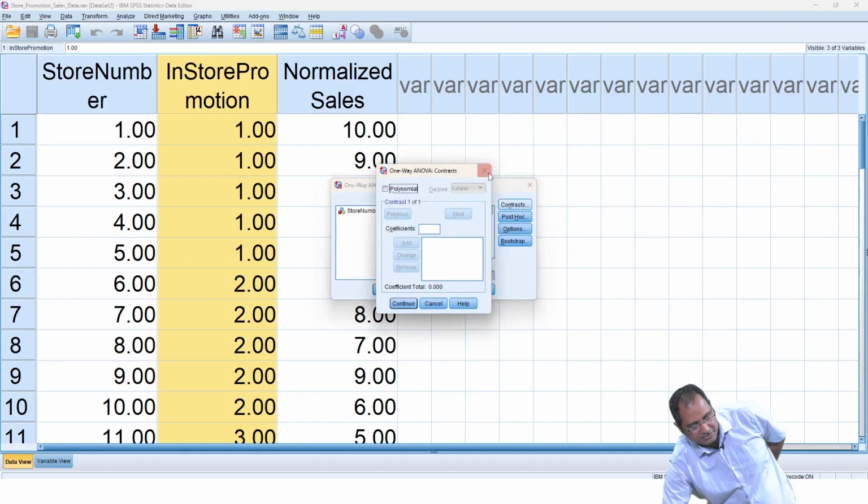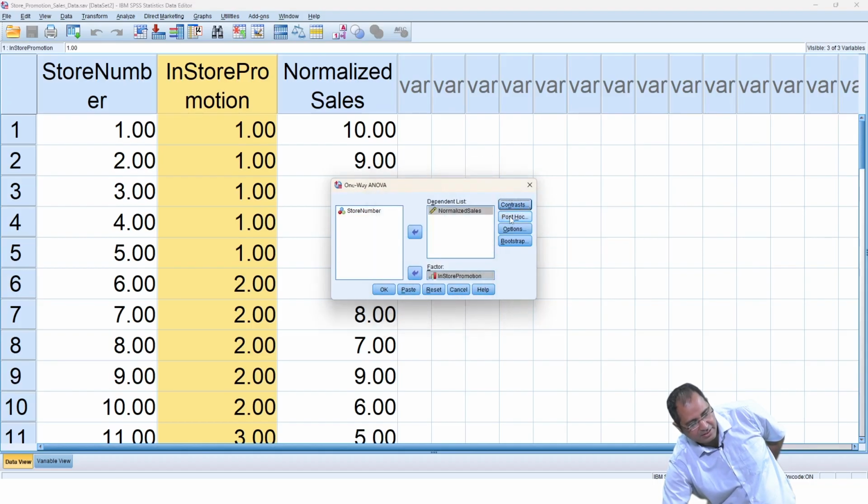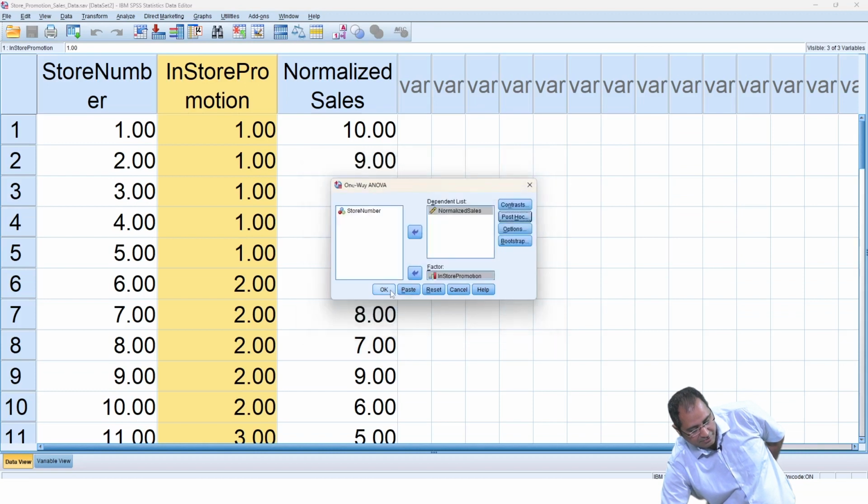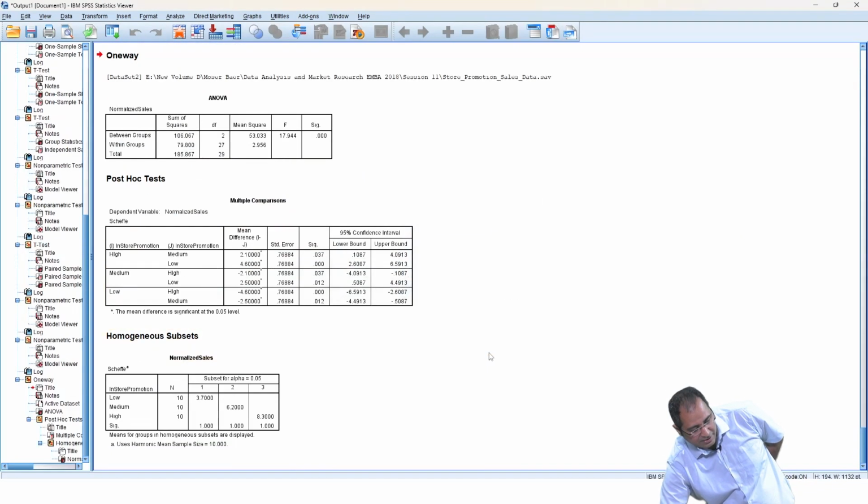Click on contrast, don't do anything. Click on post hoc and select the Scheffe test. I'll tell you later what it is. You can select either Tukey or Scheffe. Continue, and if you click OK, then you will get something like this.